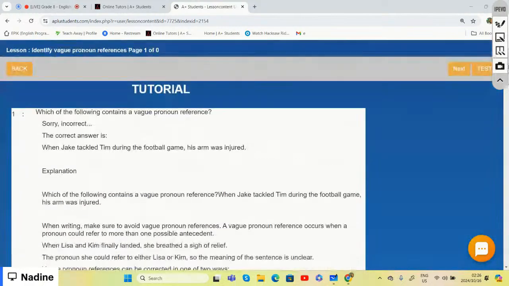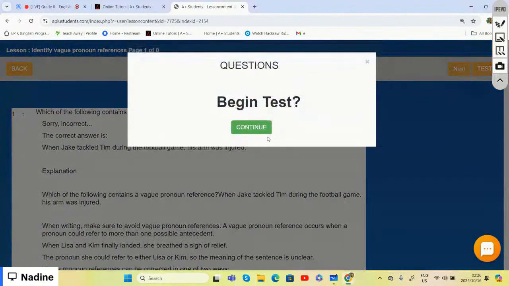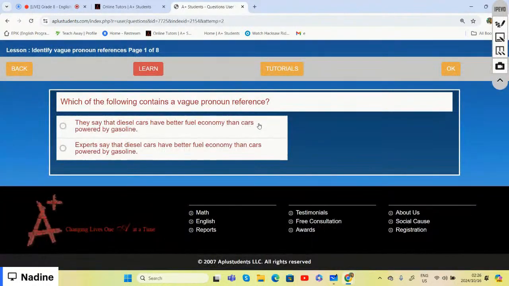Now we're going to our test. It says, which of the following contains a vague pronoun reference? Option one, they say that diesel cars have better fuel economy than cars powered by gasoline. Or option two, experts say that diesel cars have better fuel economy than cars powered by gasoline.